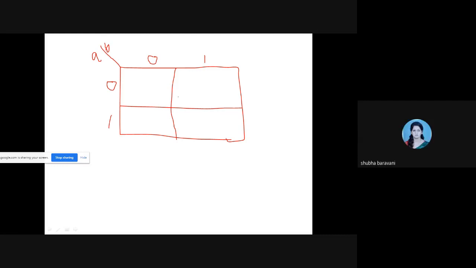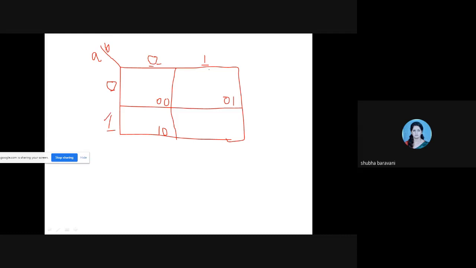Okay, so now there are different ways in which you can express this. You can express this as, see, 0, 0. This 0 and this 0 is 0, 0. This 0 and this 1 is 0, 1. This 1 and this 0 is 1, 0.